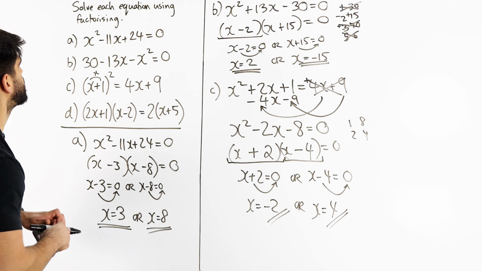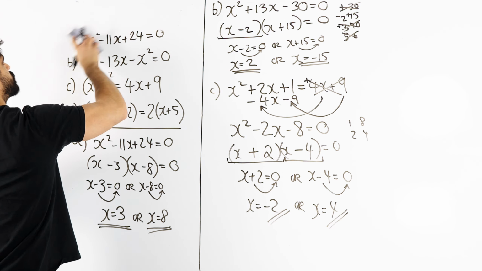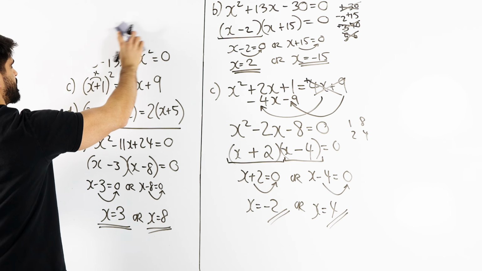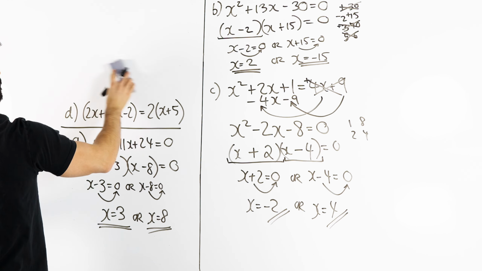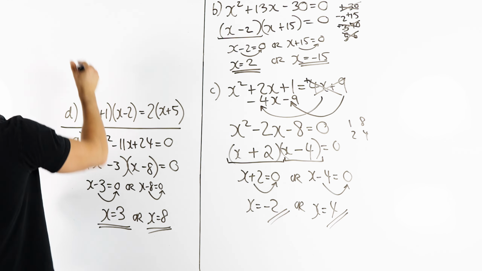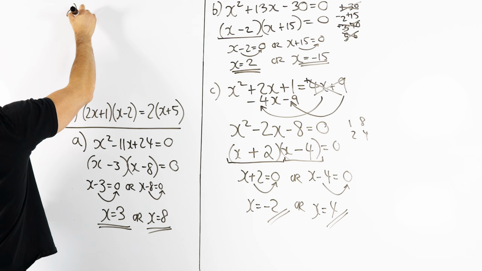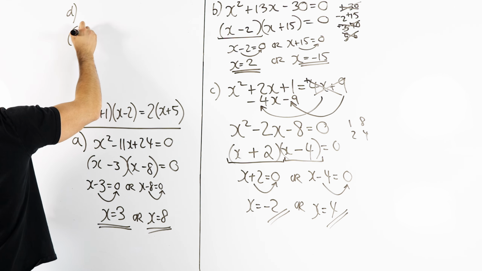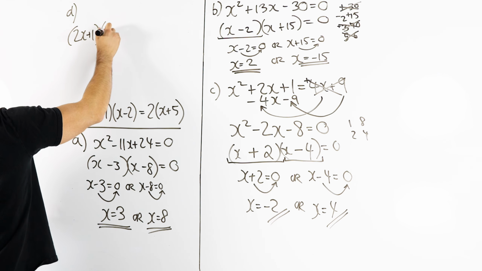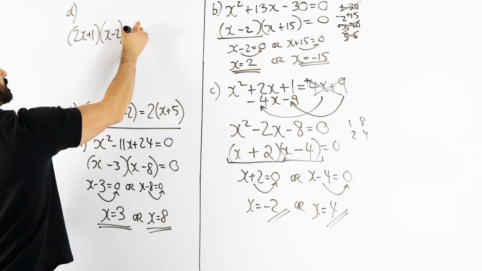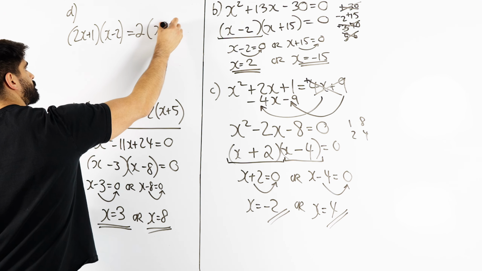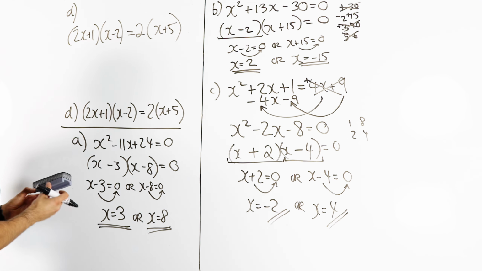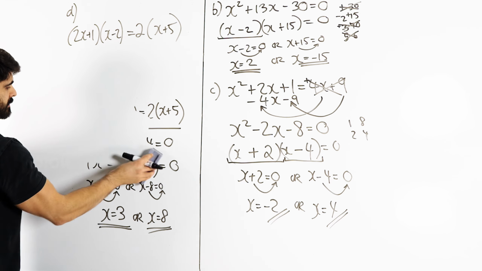Finally, we have the last one, interesting, it's basically the same as the one we've just done. So part D, we have 2x plus 1 times x minus 2. So we just have another thing to expand, two things to expand.